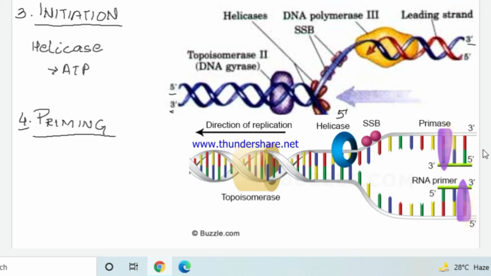At the 3' end of the one strand, that is the leading strand, a small RNA piece is synthesized with the help of the enzyme DNA dependent RNA polymerase.